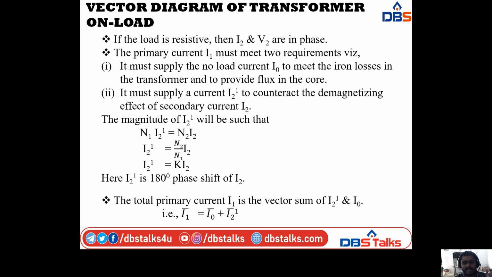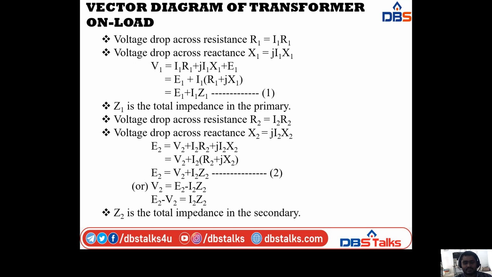Then the total primary current I1 is the vector sum of I2 dash and I0, that is I1 bar is equal to I0 plus I2 dash. Next, after adding the resistances and reactances, we have the voltage drop vectors as the resistance and reactance in both the primary and secondary.